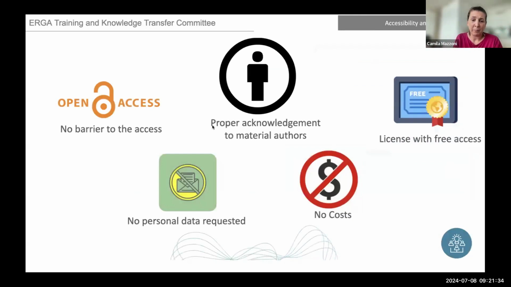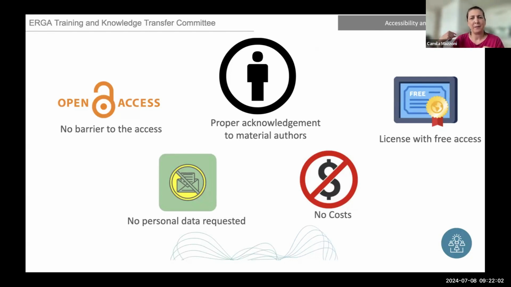These requirements so far, and I'm not going to say that this is going to stay like this forever, include that the material should be completely open access. So no barriers, you can just click and then you access the material. That the license should guide the users for proper acknowledgement to material authors. And this includes also the inside material.